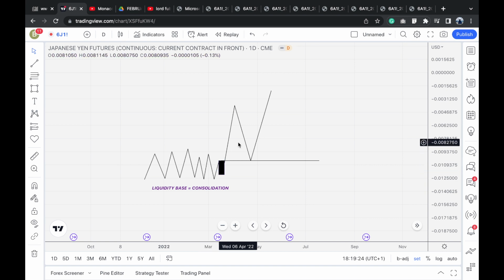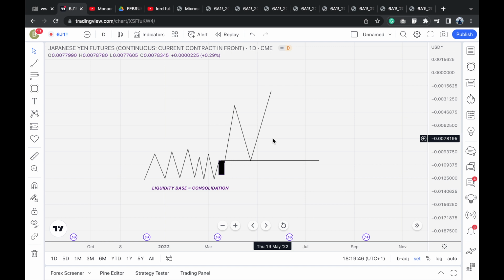A lot of times when you look at expansions, you're going to see they're oftentimes very inefficient. That means the delivery higher is going to have a lot of liquidity voids in the form of fair value gaps, liquidity voids and BISIs, actual market gaps, and volume balances.